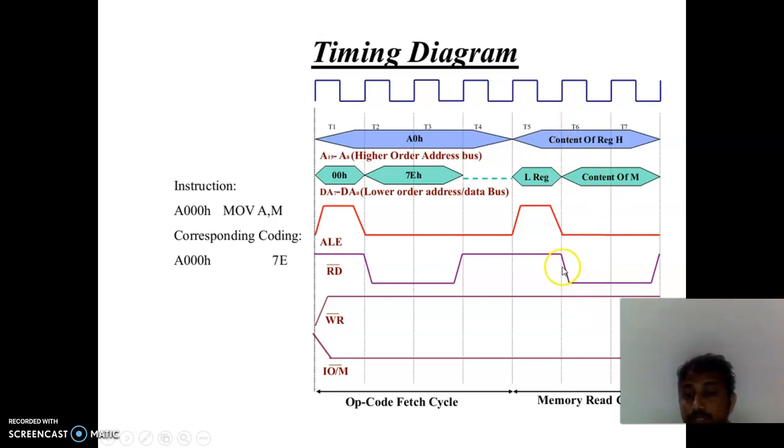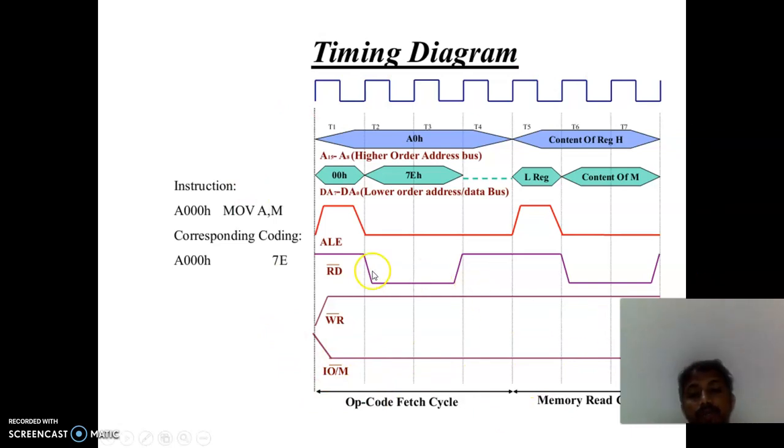That is the reason that, for at least 2 clock pulses, the read signal is low. It may take some time as these peripherals are slower, so synchronization between them will not be possible. And throughout the read operation, the write line is being lowered. All this process is a memory read operation.